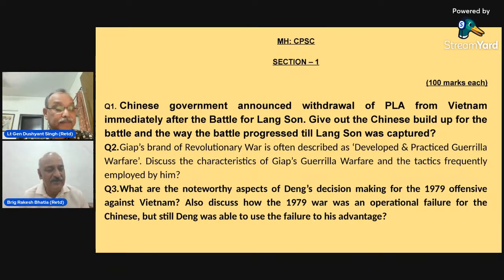Now, the Chinese were actually caught by surprise. The simple use of punji sticks, the Chinese were not anticipating that this sort of obstacle would be there. The tunnel warfare, the trenches, and they were all very well coordinated, and this was further refined by Giap.